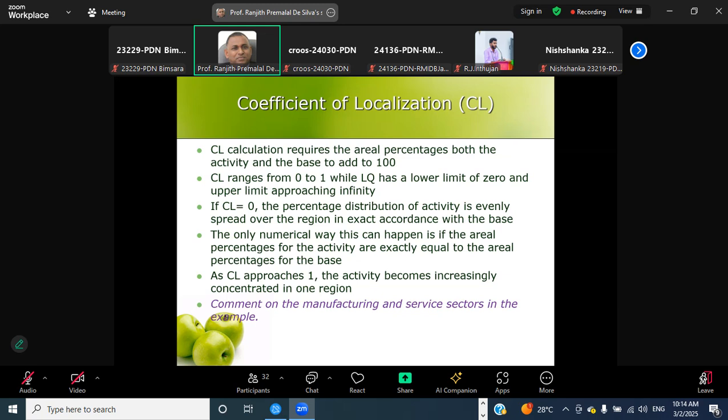Suppose you have the employment values of each DS division, and according to the population, what is the share you should receive for the employment. Then you can calculate it as a percentage, so you can have plus or minus numbers and then add them up together, so you'll find the coefficient of localization for each region.